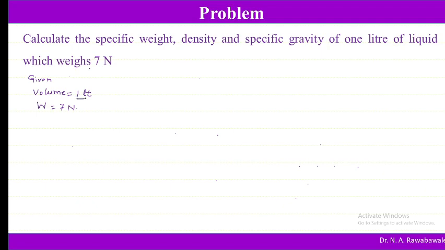Generally we need volume in meter cube, so convert this 1 liter into meter cube. In 1 meter cube, 1000 liter of water is there. Therefore, dividing by 1000, we get 1 divided by 1000 meter cube of liquid. So 1 divided by 1000 meter cube is this volume, or we can rewrite this as 1 into 10 to the power of minus 3 meter cube.